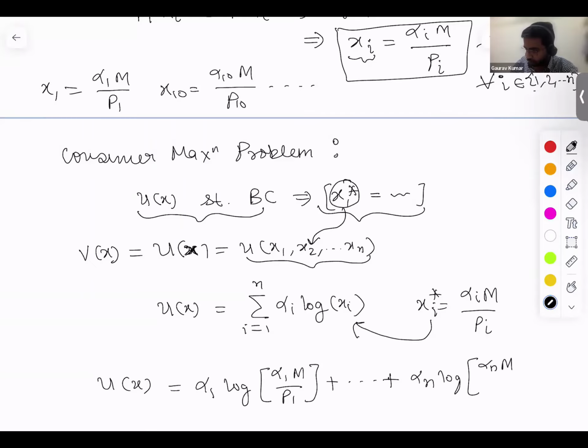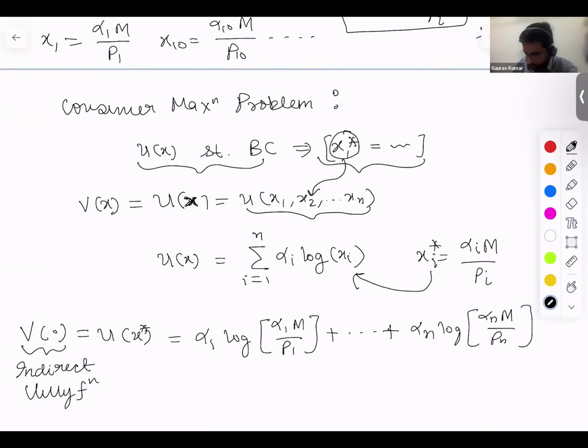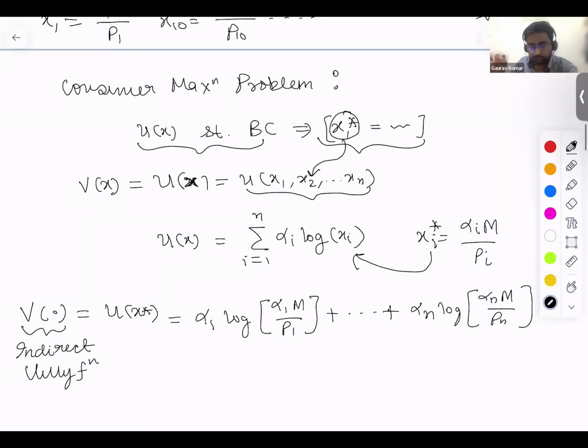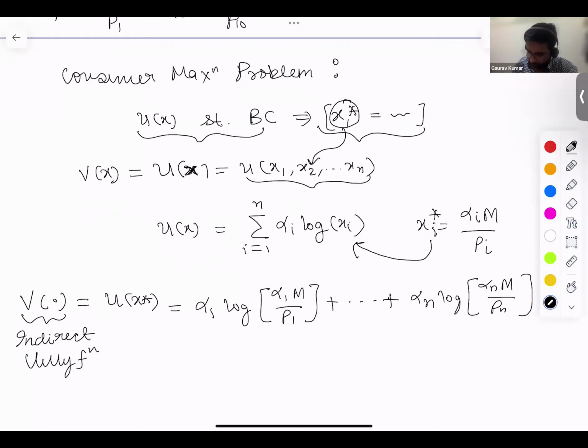Now you can see that I'm naming this the indirect utility function. When you substitute all the x stars, all the optima, in your objective function, you get an indirect utility function. And why I have not mentioned anything inside the argument here is, you see, this v is a function of pi and m.